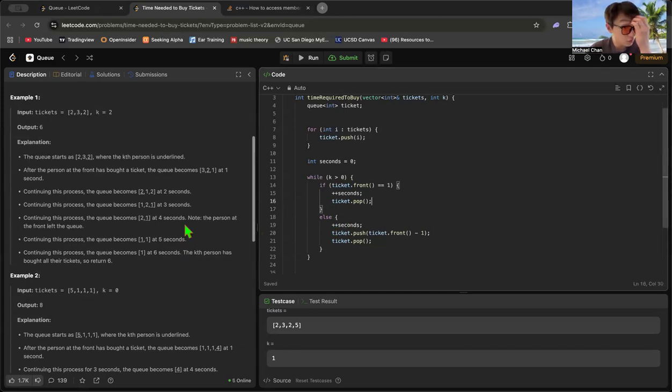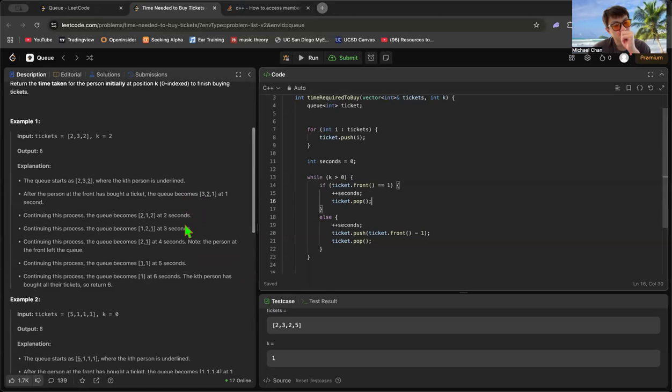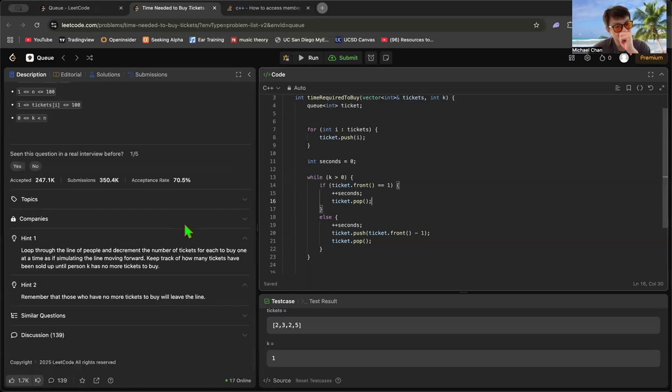I think it's something to do with the size of the tickets vector. And decrement the number of tickets for each.